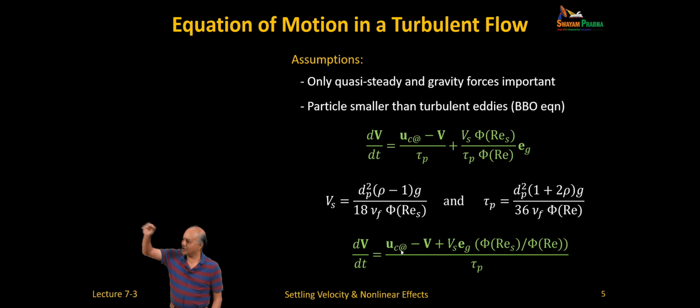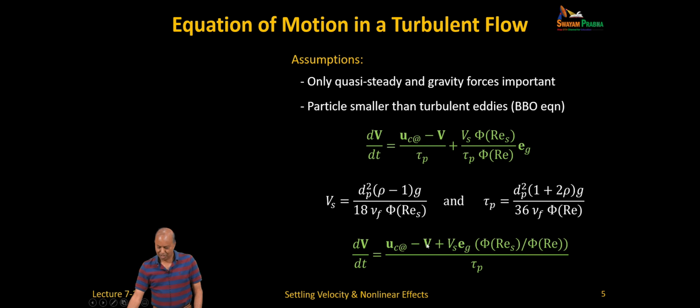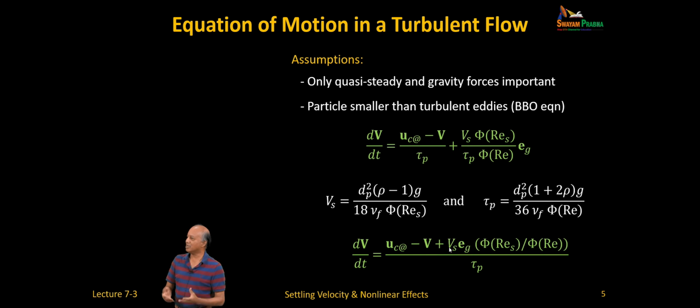So, the particle is going to different parts of turbulence. Sometimes it is going up, moving with the flow. Now, this is the particle velocity itself, that is also changing, depending upon whether it is responding to the turbulence. And this part is a constant because this is the settling velocity. So, this simple equation is telling us the fluid is changing as the particle goes to different parts of turbulence, and its motion is changing because the fluid it sees is changing.